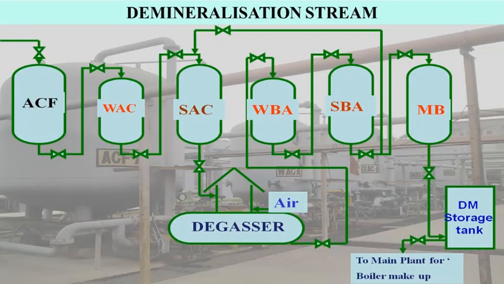So the flow passage is: raw water is first passed through a pressurized sand filter, then an activated carbon filter, then weak acid cation, strong acid cation, then it is passed through a degasser to remove the carbonic acid, carbon dioxide, then it is passed through weak base anion, followed by strong base anion, then finally it goes to a mixed bed, and from there the clear water, DM water, is pumped to the DM storage tank.